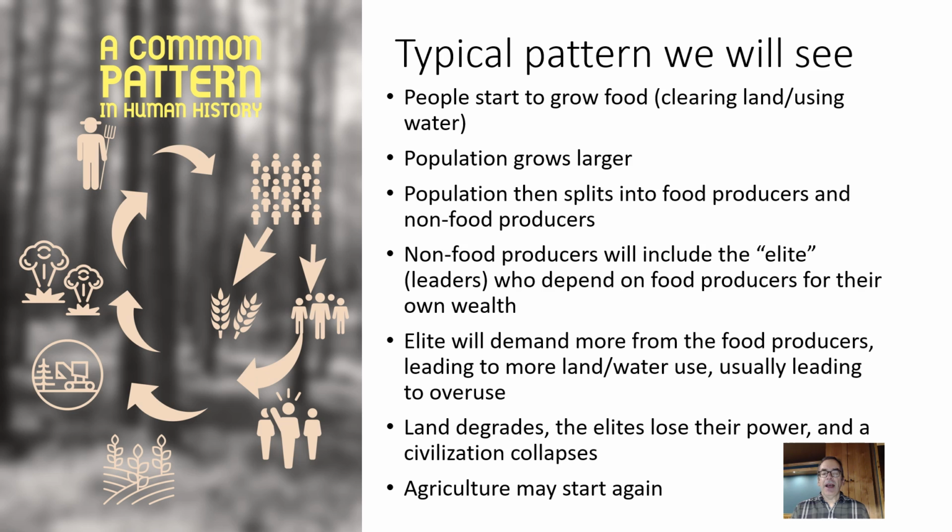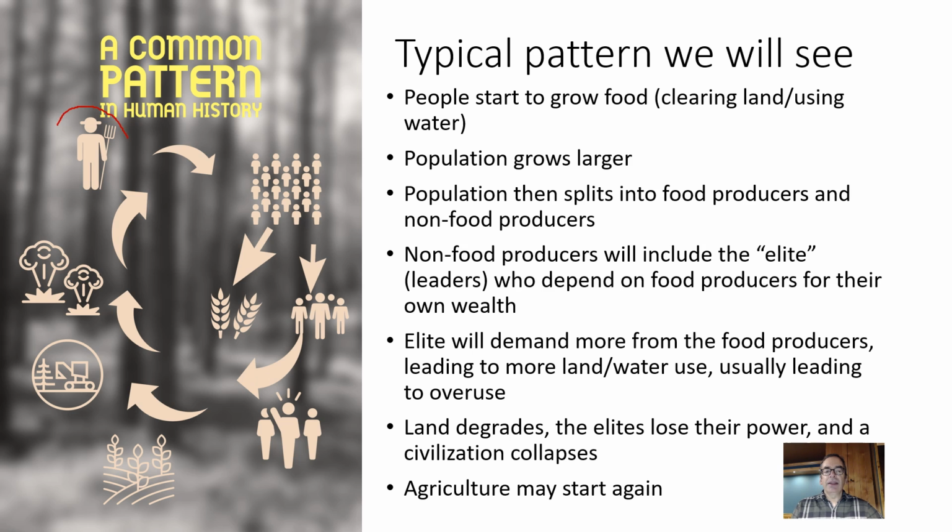Okay, now I have taken some information from one of our books, and I tried again to make an infographic on what's happening. As we look at all these different civilizations, so we'll look at the Egyptians, the Romans, the Greeks, the Mayans, the Aztecs, we'll see a fairly typical pattern starting to happen.